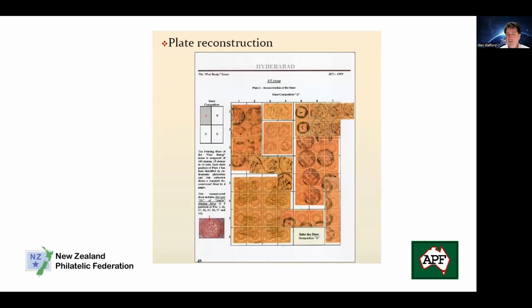Plate reconstruction. One of the things they're looking for is in-depth study of individual stamp issues. For classic or older stamps, that is the actual reconstructing by finding blocks or singles etc. to build up a sheet.